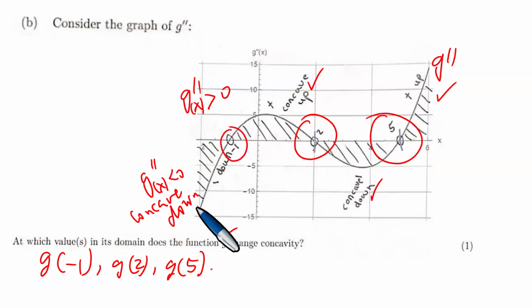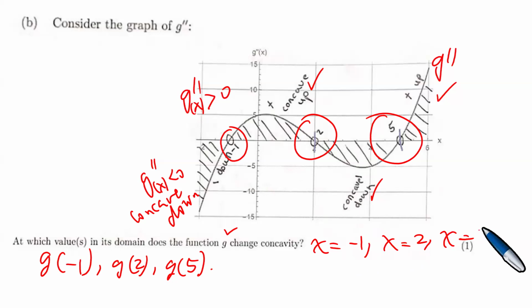There are changes in the concavity there, because it's concave down, then concave up, then concave down. So there's a change from up to down concavity, and here it is concave down, then it becomes concave up. Therefore, it happens at x equals -1, x equals 2, and also x equals 5.